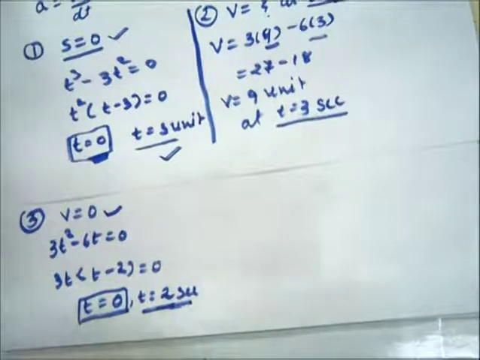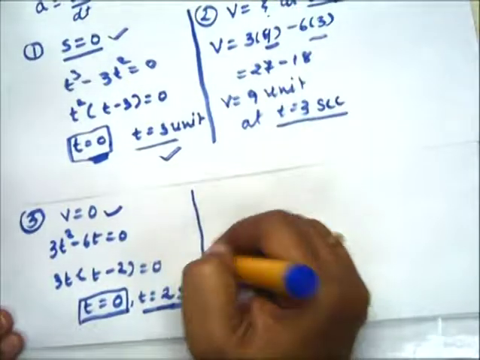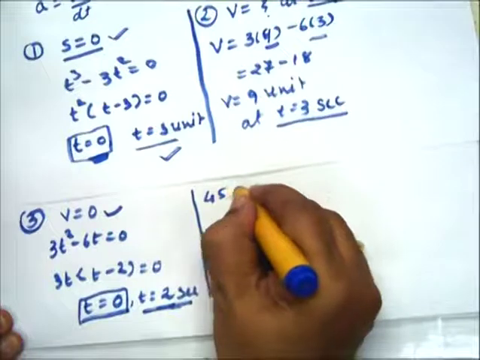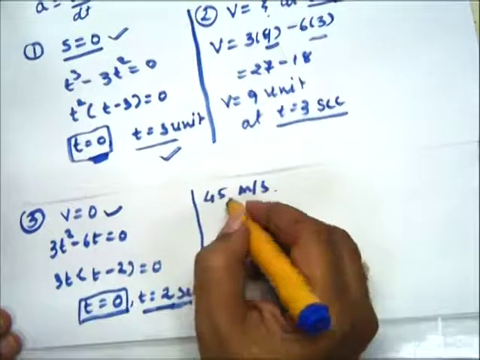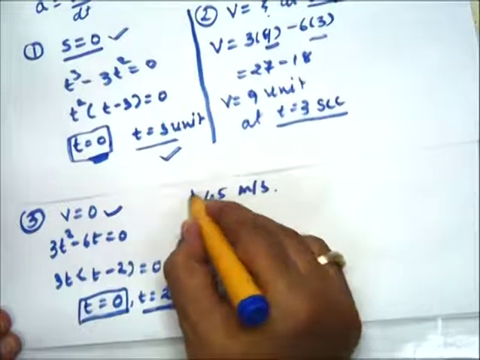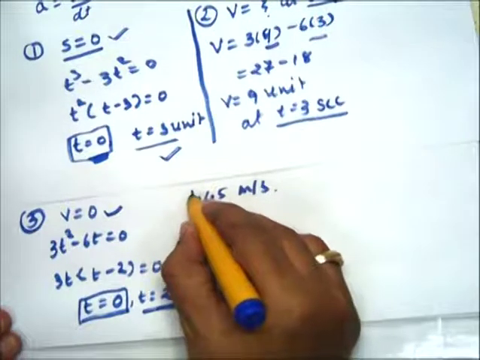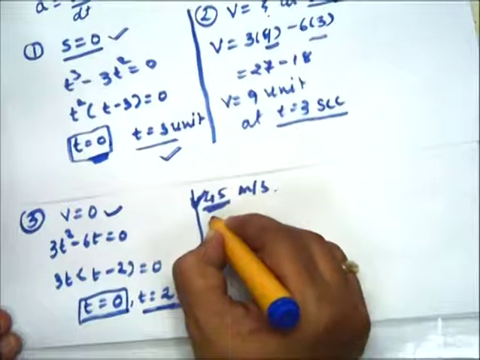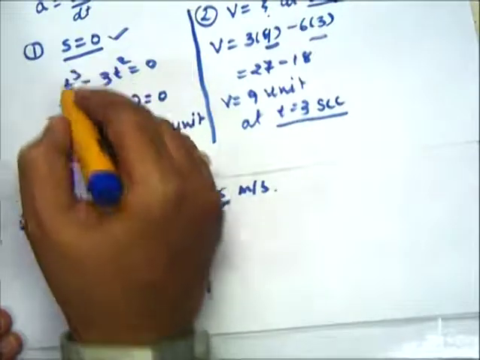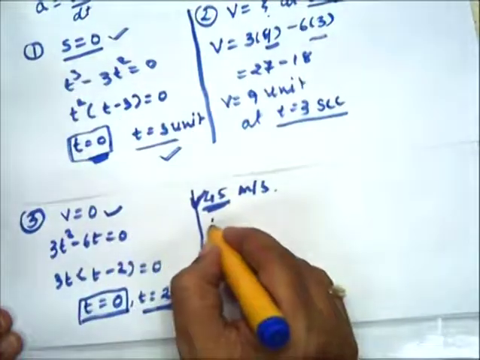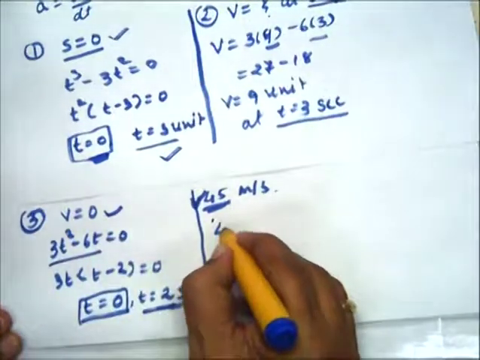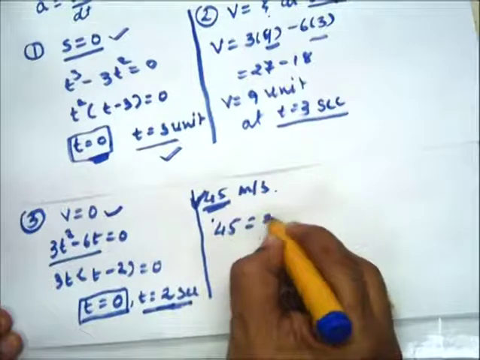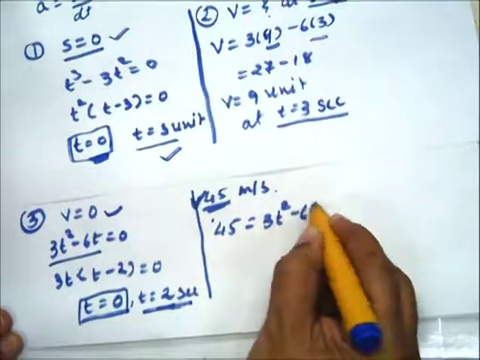Fourth question: when the velocity becomes 45 centimeter per second. This is the value for v. So if we take v is equal to 45 in this equation, as we know v is equal to 3t square minus 6t, so 45 is equal to 3t square minus 6t.